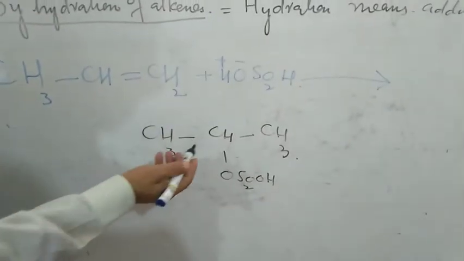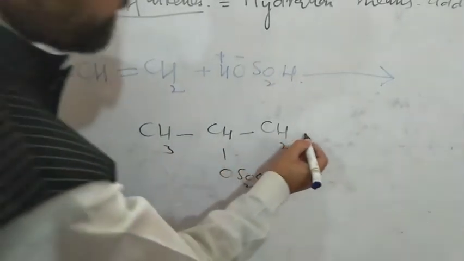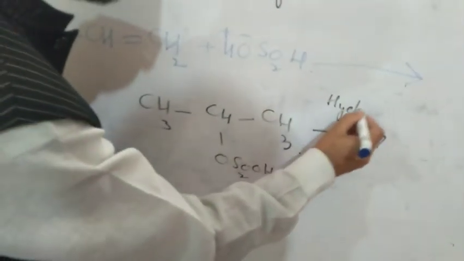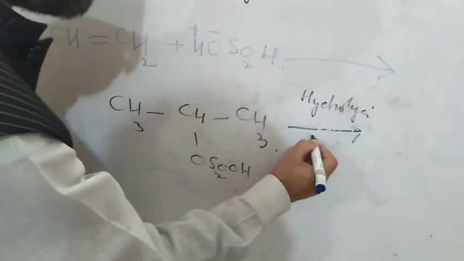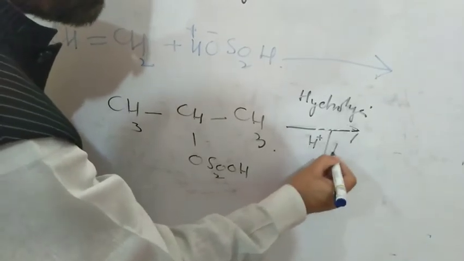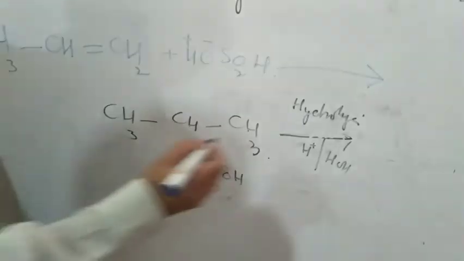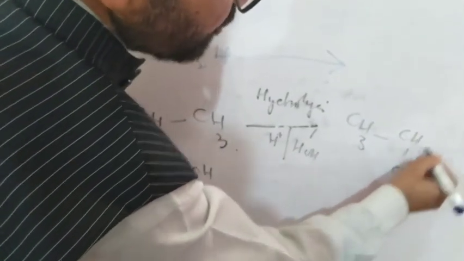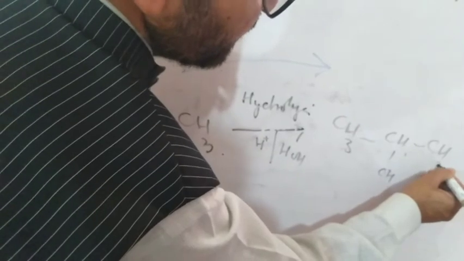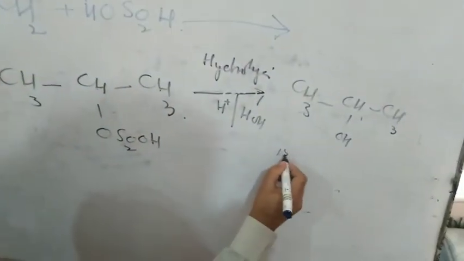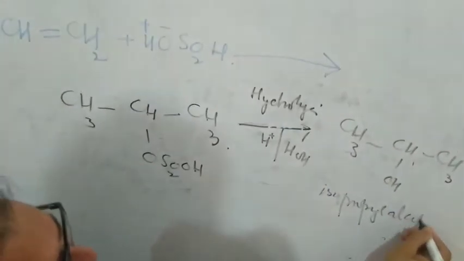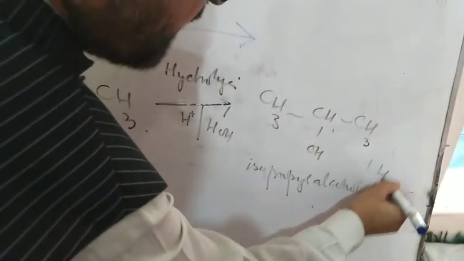On this secondary carbon we have added this, and upon hydrolysis, अब इसको हाइड्रोलिसिस करेंगे, हाइड्रोलिसिस gives isopropyl आपका बन गया सेकेंडरी अल्कोहल. This is isopropyl alcohol, प्लस सल्फ्यूरिक एसिड वापस आ जाएगा, प्लस H2SO4.